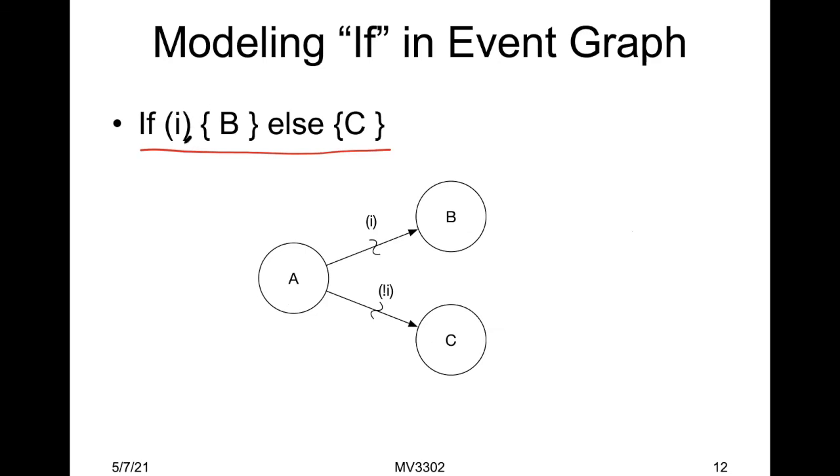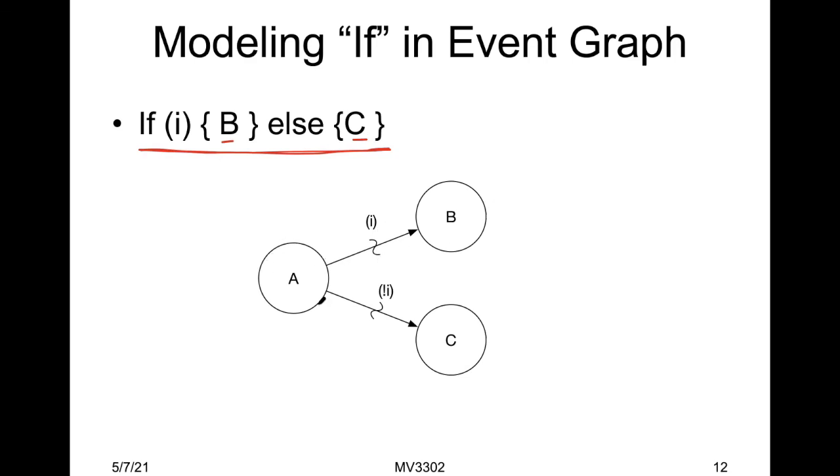So if condition I is true, then I execute B, else C. And as I said, in pure event graph methodology, you can put this in as a state transition, but you may not. In an event graph, this is not allowed. However, if I want to represent that logic, this is how I do it.